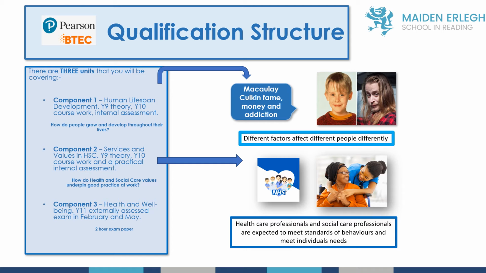It's very different from GCSE because your qualification is based on a pass, a merit and distinction. And because we're doing the Tech Award, you can get a pass, a merit and distinction at level 2, and then you can get a merit and distinction at level 1. I'll show you those a little bit later in the presentation.